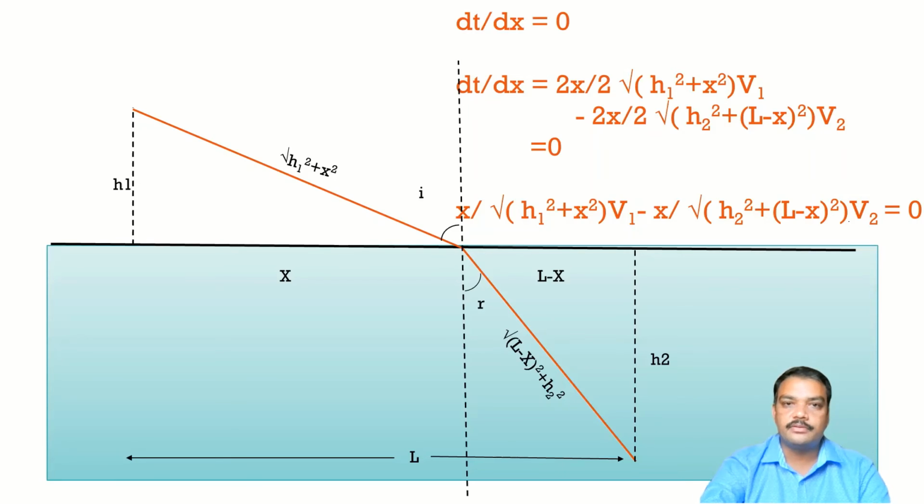On simplifying, we get x by root of h1 square plus x square into v1, minus (L minus x) by root of h2 square plus (L minus x) whole square into v2, that is equal to 0.